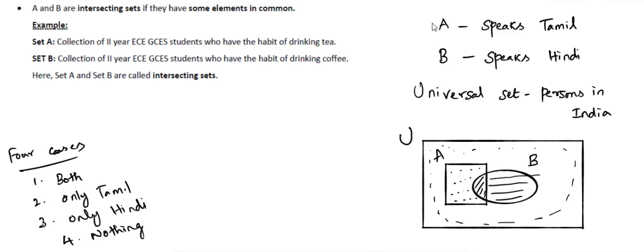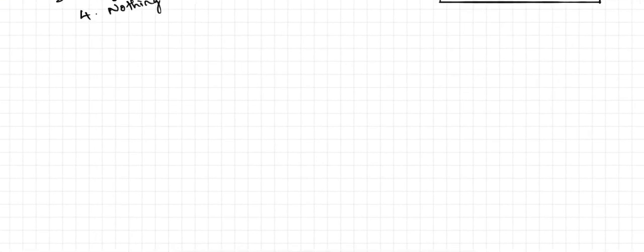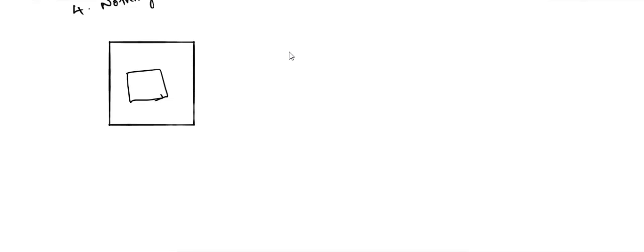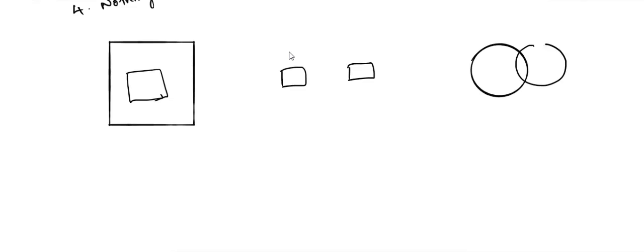So we have discussed 3 cases in total. One is like this, right? Diagrammatic representation like this. One is like this, another one is like this, and the last one is like this.